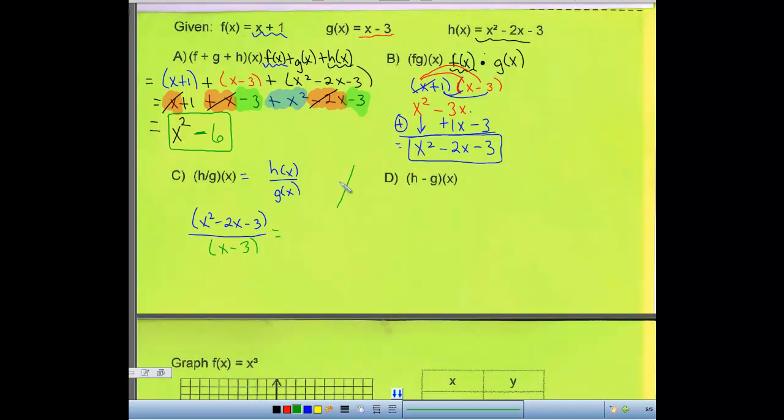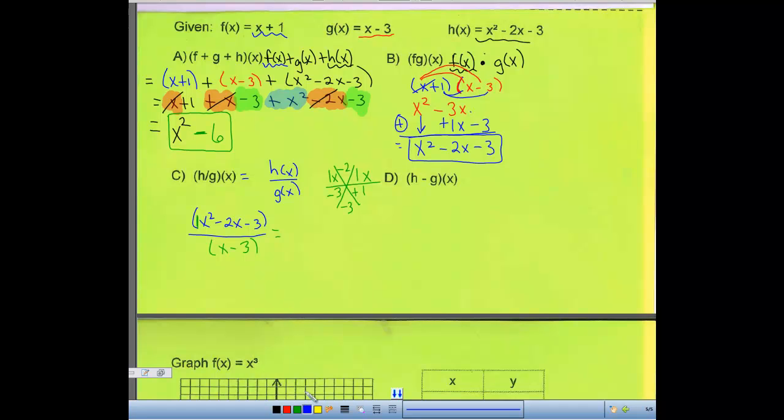To the side here, let's do our snowflake. 1 times negative 3, a times c is negative 3. The b is negative 2. Ax is 1x and 1x. The two numbers that multiply to give me negative 3 but add to give me negative 2 are going to be negative 3 and positive 1.